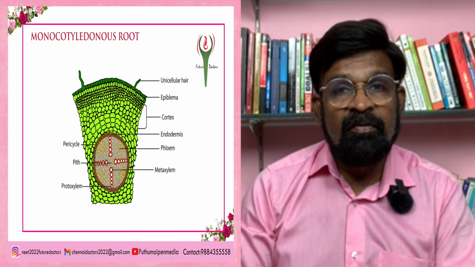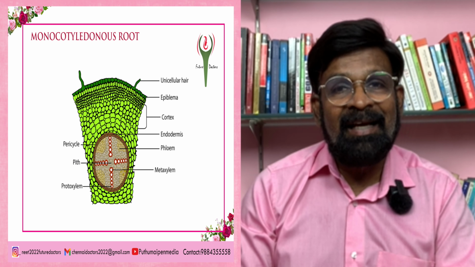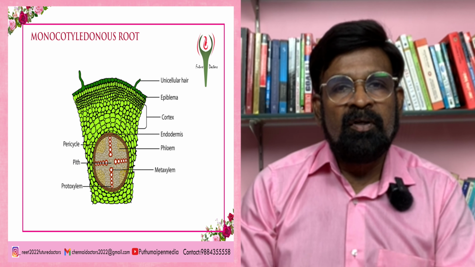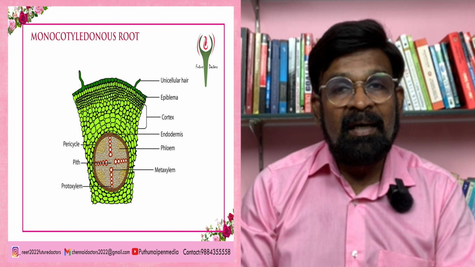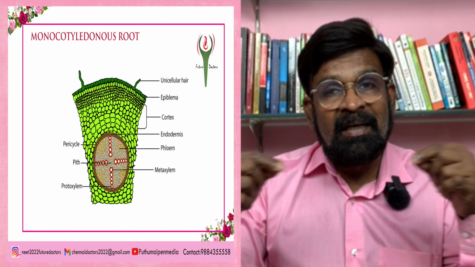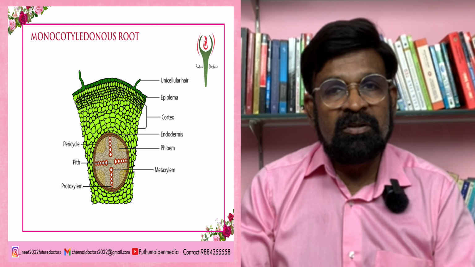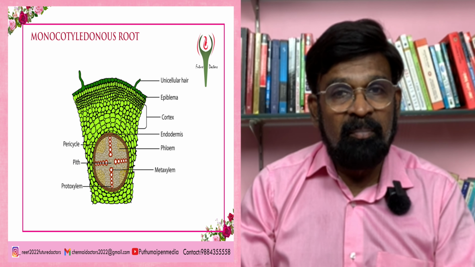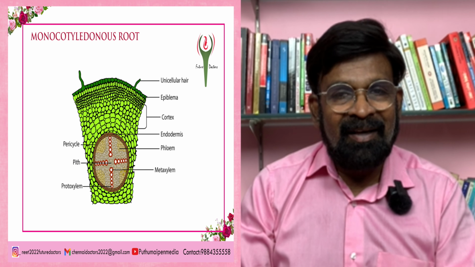Vascular strand is in the form of several alternate and radial xylem and phloem bundles. The xylem bundles are exarch. That is, protoxylem lies towards the outside while the metaxylem faces inwards. Due to the presence of numerous xylem bundles and the exarch condition, the xylem of monocot is polyarch.